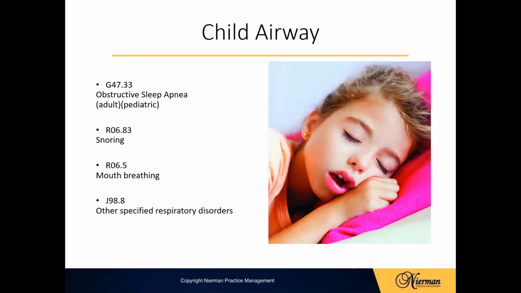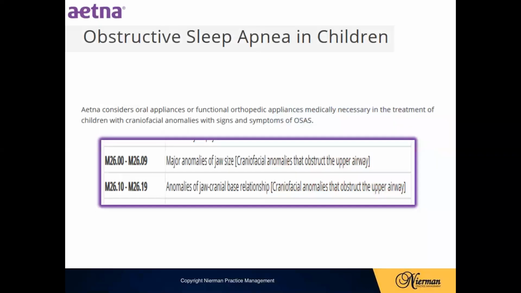And that brings us to, speaking of pediatric, child airway. Just in the last couple of years, we've started to see the policies pick up and say, yes, we are starting to consider this medically necessary. The research is out there. The ADA came out and said, this is something everyone needs to look at. And there are diagnosis codes for that.